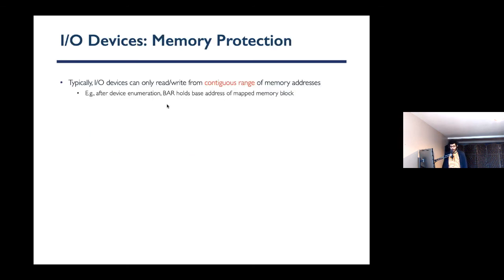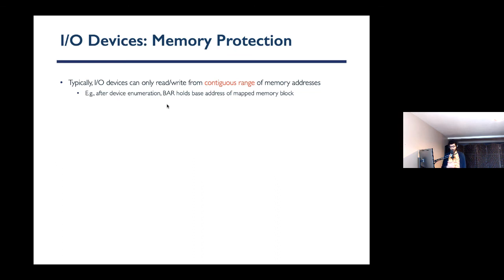The other topic that is very interesting, and this is actually a recent development in operating systems, and when I say recent, probably a decade or two, is the idea of memory protection, right? So we talked about memory protection when we were talking about virtual to physical memory translation.